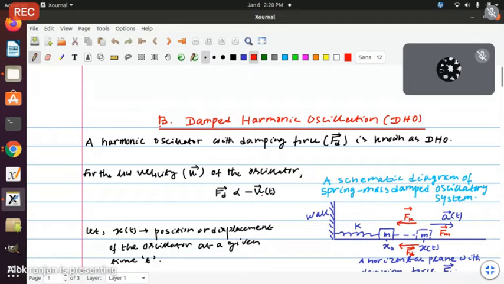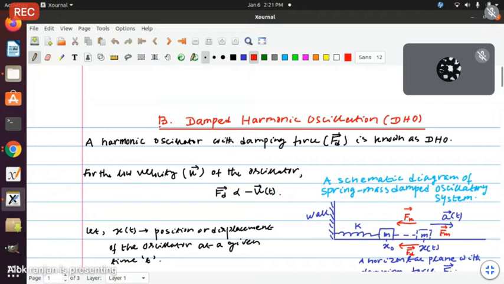You can intuitively conclude that the damping force is directly proportional to velocity. For example, if you try to move or swim faster in a swimming pool, you will find more resistive force. It is an approximation, like the harmonic approximation.